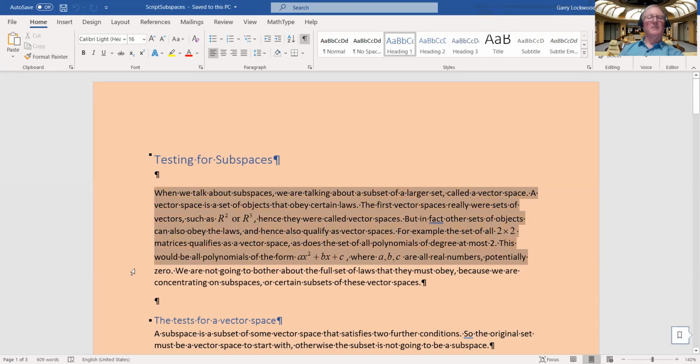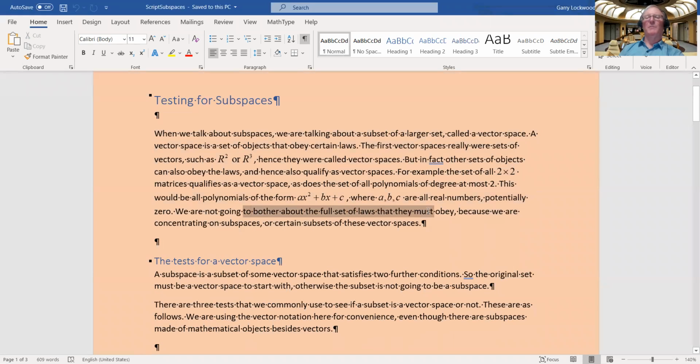So this is all sort of introduction, and I'm not going to bother about the full set of laws because we're only concentrating on subspaces. Certainly I wouldn't be setting any questions for my students that say, is this a subspace, when in fact the set that it's a subset of isn't even a vector space. That would be a little nasty.